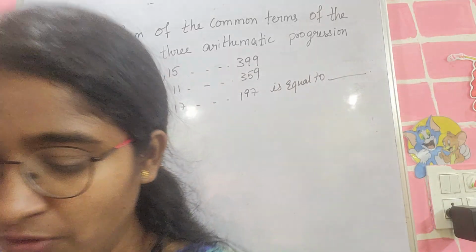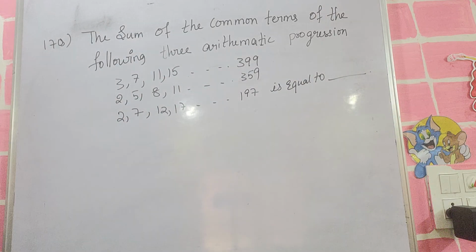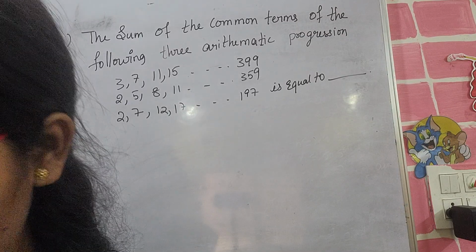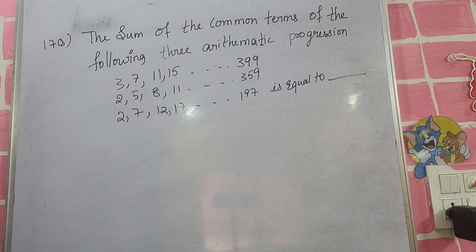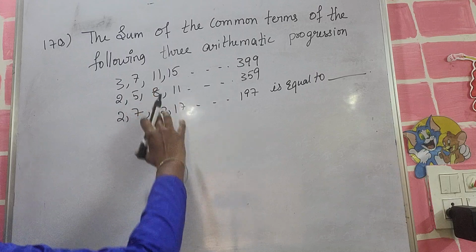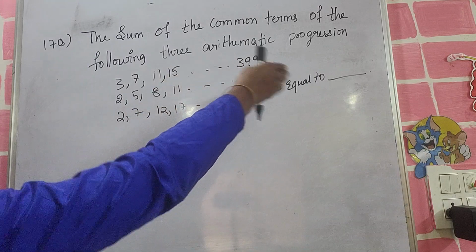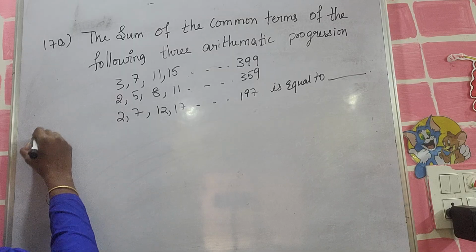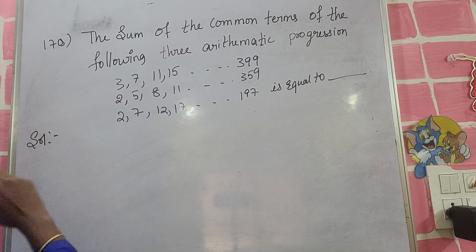First of all, finding the a value is a little difficult in this. So how can we do it here? Can you see any common term here? No. So we don't know how to calculate it directly, so we will use another method so that we can easily find the common terms.